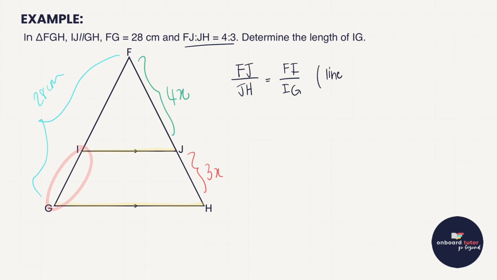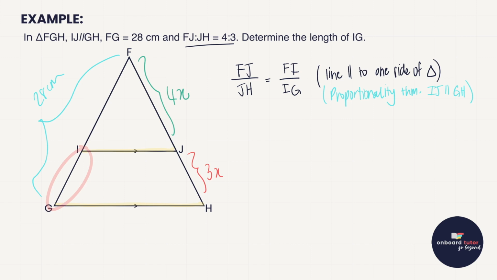You can either say line parallel to one side of a triangle, or you don't need to say both. You can say the proportionality theorem, and then list the parallel lines. So IJ is parallel to GH. Either of those will get you your marks.